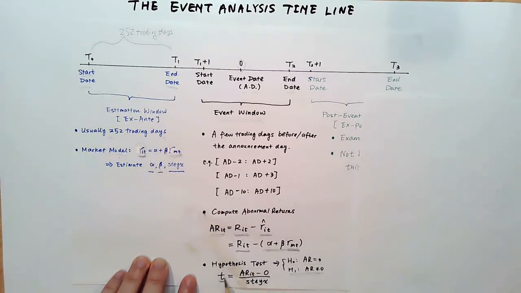So if the calculated t-statistic is greater than 1.96 or smaller than negative 1.96, then we have enough evidence to reject the null. When we reject the null, we go with the alternative that the abnormal return is not equal to 0. And when the abnormal return is not equal to 0, we can conclude the announcement has a material impact on the return of the company. That's our final conclusion, and this is how event analysis works.